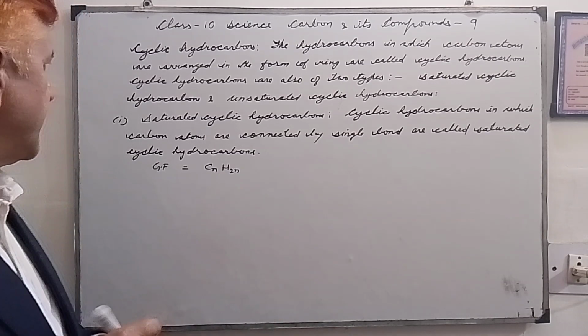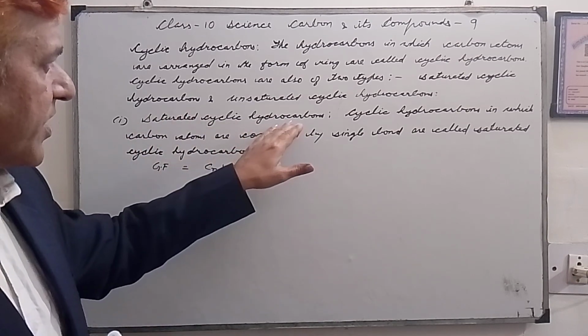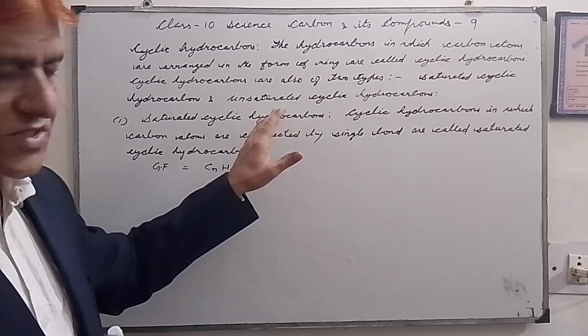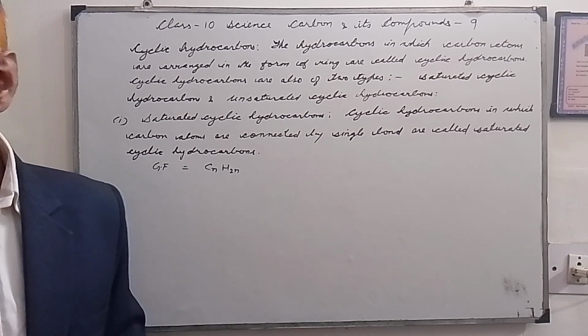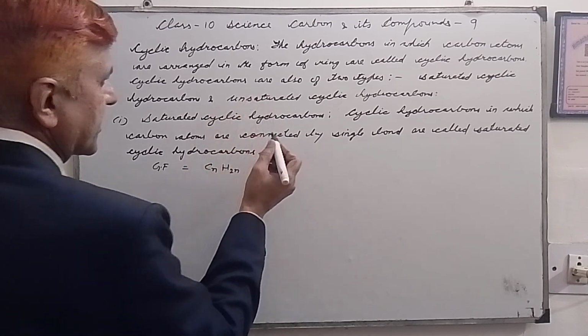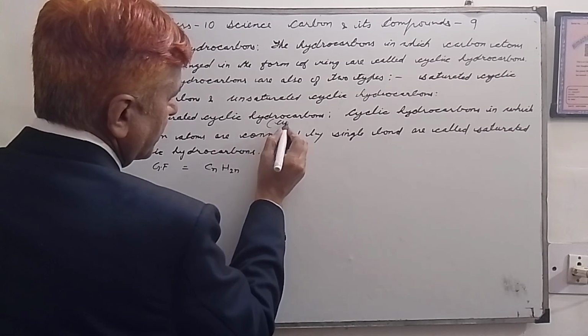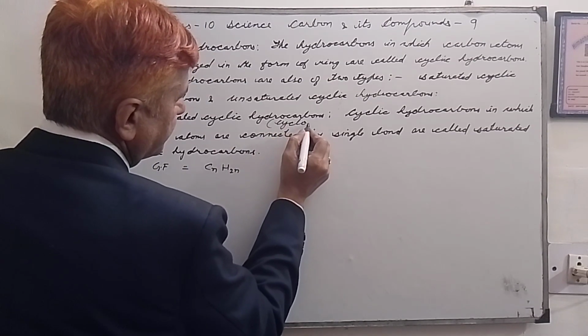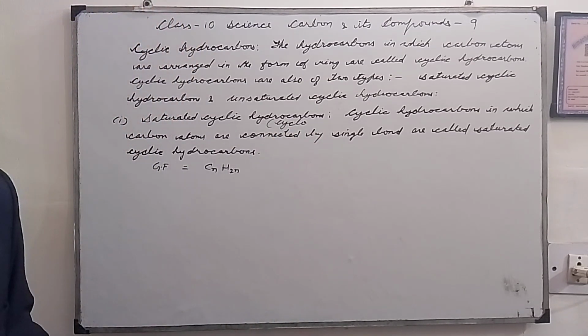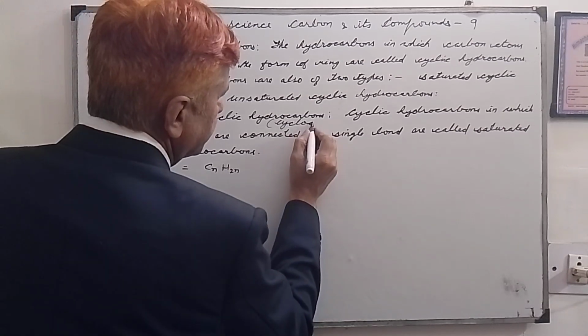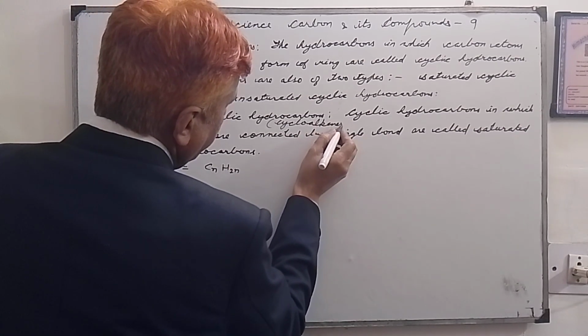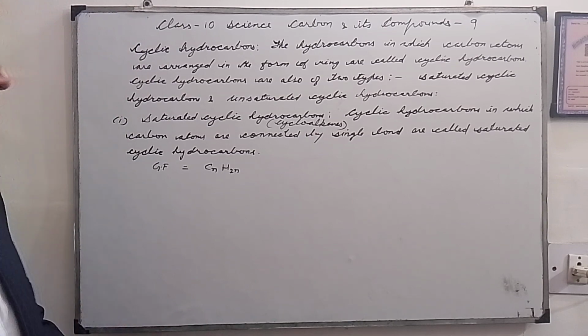And saturated cyclic hydrocarbons are also called cycloalkanes.